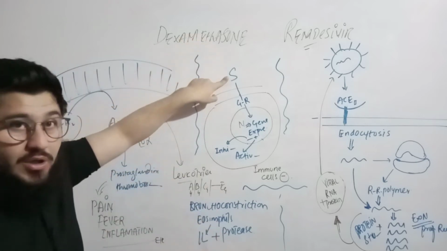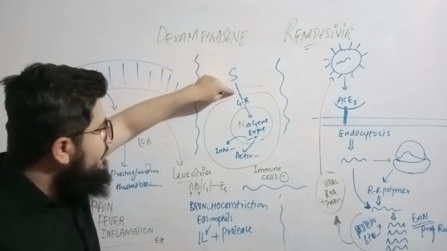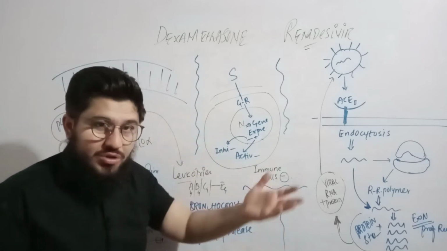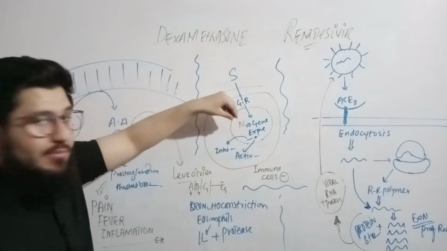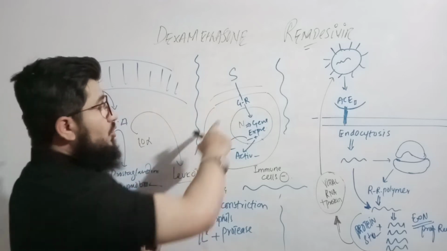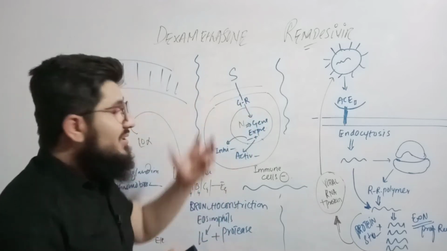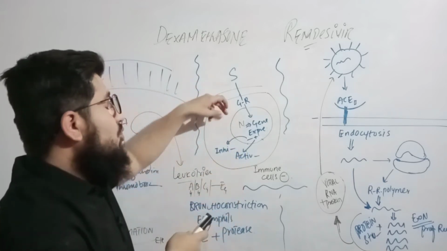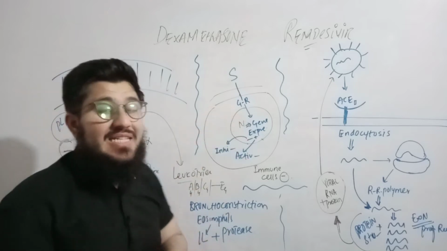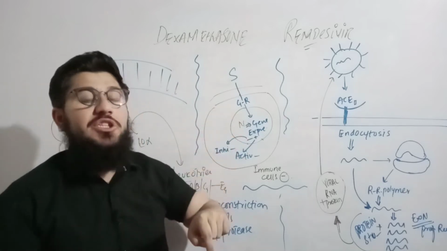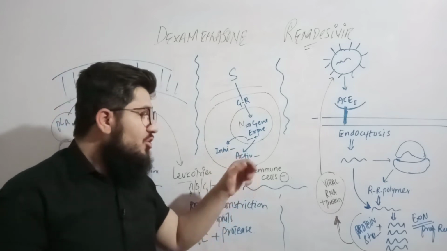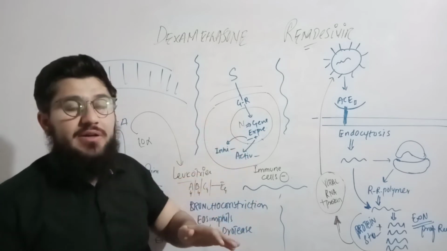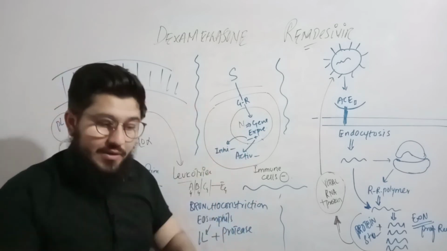Now this dexamethasone is supposed to cross the lipid bilayer membrane of immune cells like dendritic cells, monocytes, and macrophages. When it crosses into those immune cells, a glucocorticoid receptor is waiting for this dexamethasone, and it then internalizes the dexamethasone into the nucleus, where it interacts with the genes. Now these genes of immune cells are suppressed. When the genes are suppressed, deactivated, inactivated, then the immune system is inactive.